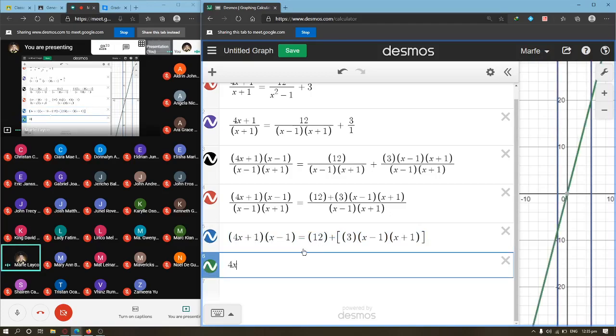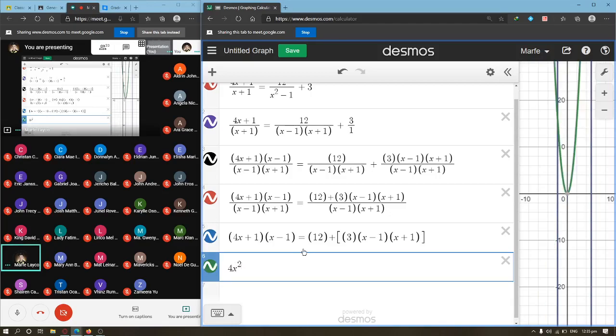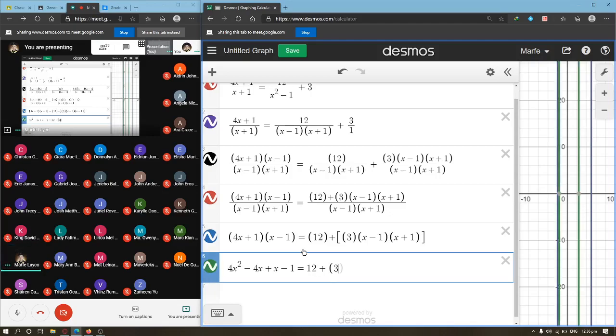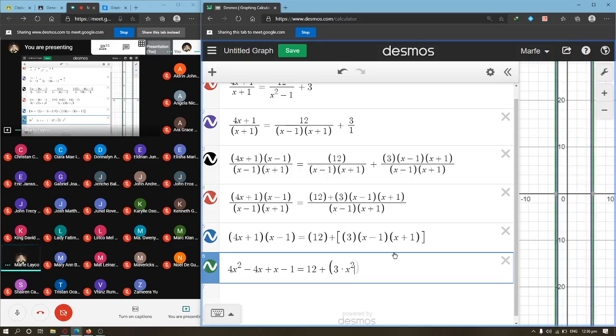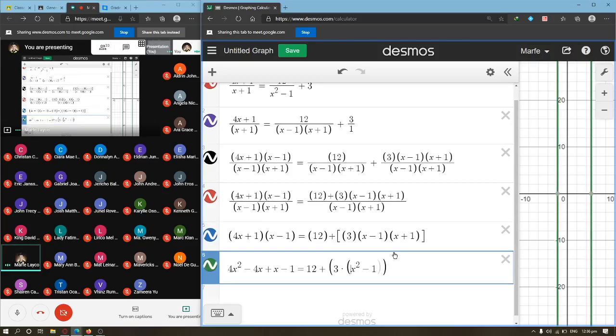It is 4x squared minus 4x plus x minus 1 is equal to 12 plus yung 3 multiply by, so yung x minus 1, x plus 1 is x squared minus 1. So, yun siya.